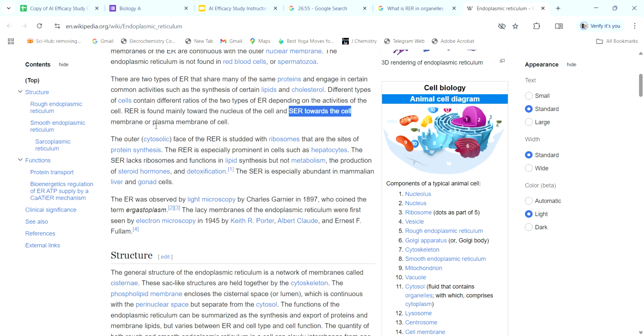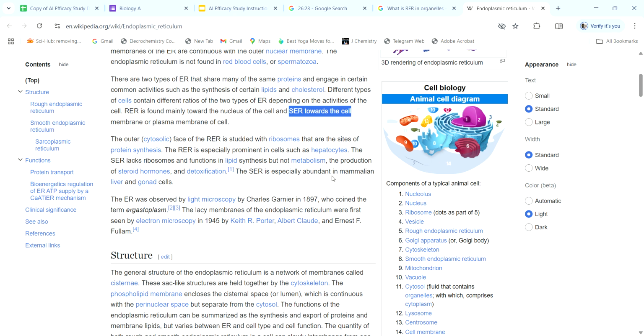The outer face of the RER is studded with ribosomes that are sites of protein synthesis. The RER is especially prominent in cells such as hepatocytes. The SER lacks ribosomes and functions in lipid synthesis but not metabolism, the production of steroid hormones and detoxification. The SER is especially abundant in mammalian liver and gonad cells.